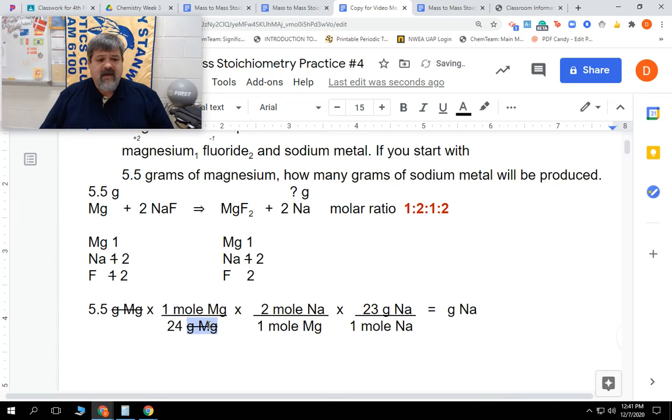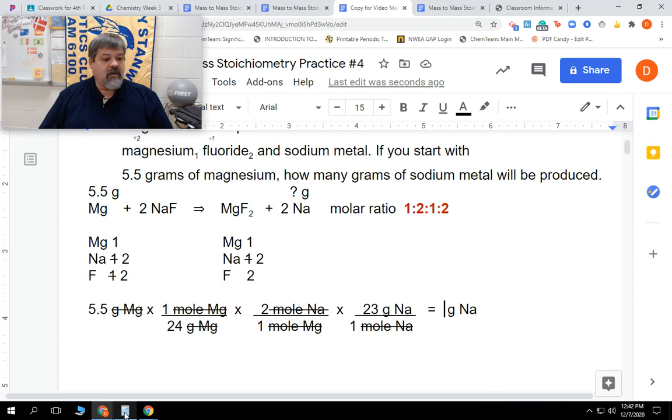Now again, if I had them both on the top, I couldn't get rid of them. So this helps double check where we're at. I have moles of magnesium up here and moles of magnesium down here. I have moles of sodium up here, and moles of sodium down here. So now I got rid of everything. The only unit I have left is grams of sodium, and that's what the original problem has.